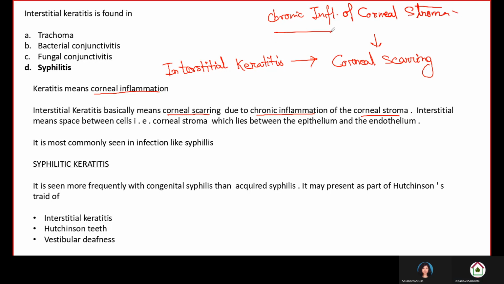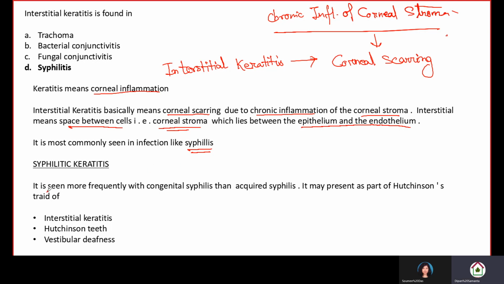Interstitial means space between cells. That is the corneal stroma, which lies between the epithelium and endothelium. It is most commonly seen in infections like syphilis.